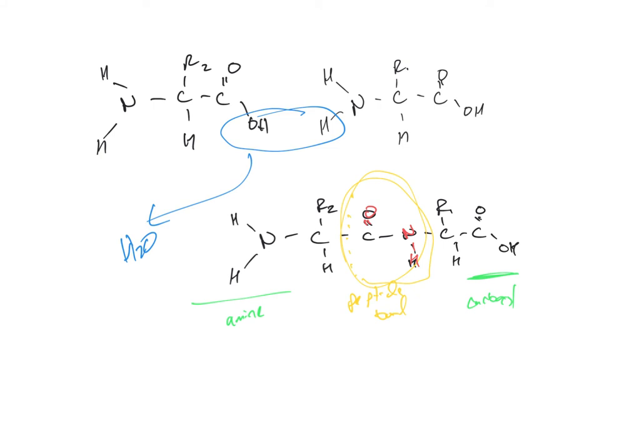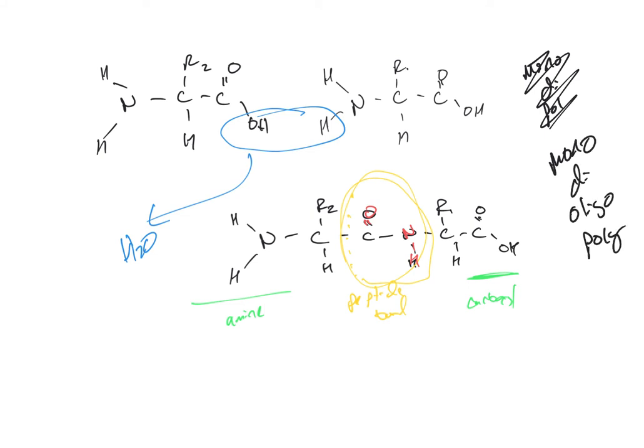Okay, so remember how we said we had mono, di, oligo, poly. And actually you can also do tri. So mono is 1, di is 2, tri is 3, oligo is some, and poly is many.